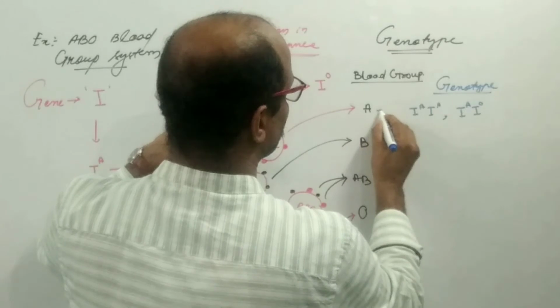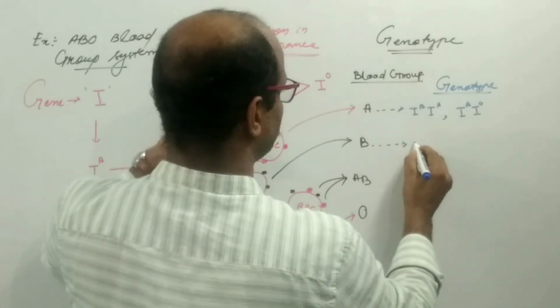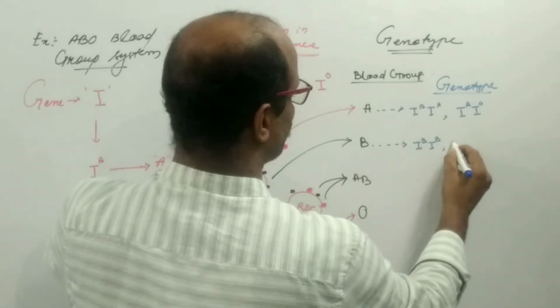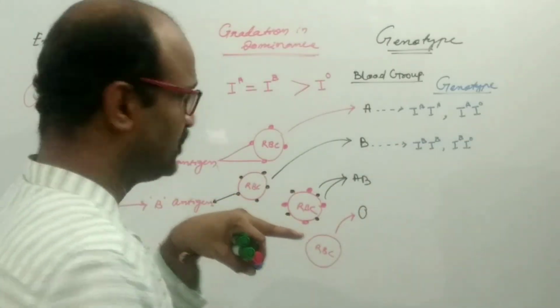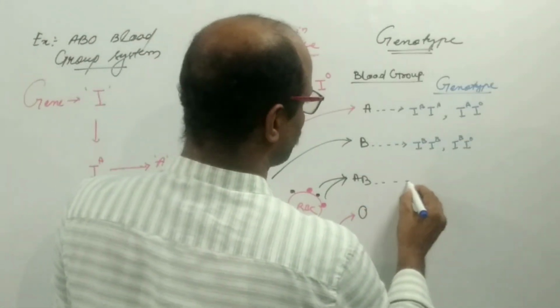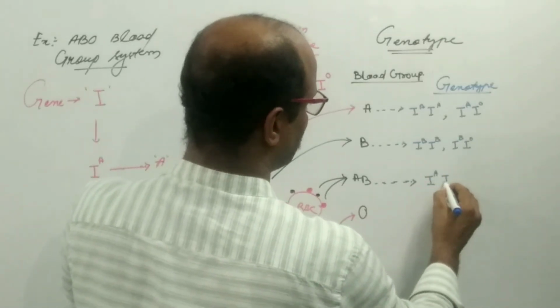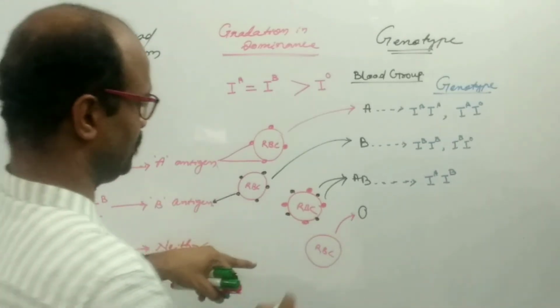In case of B blood group, what will be the genotype? IBIB, and with the recessive, IBIO. This is two here. In case of codominance, blood group AB, this is only one case possible.